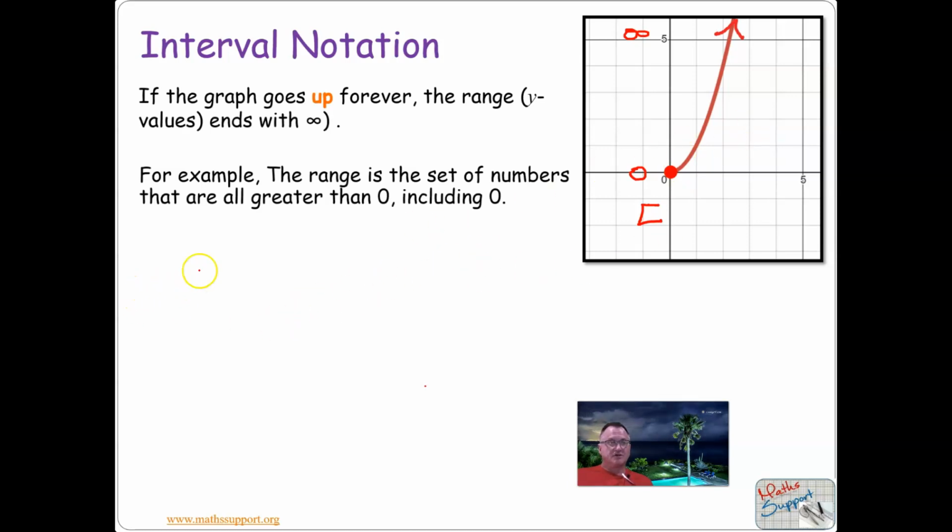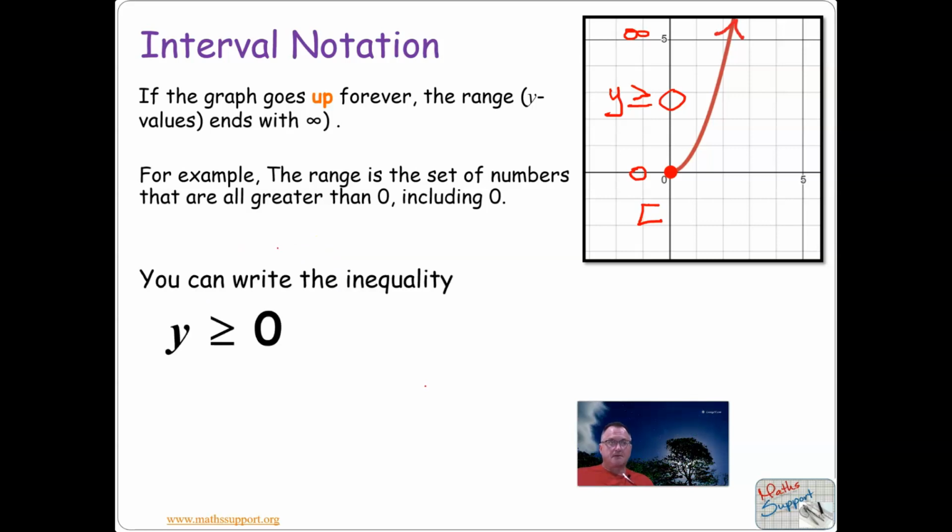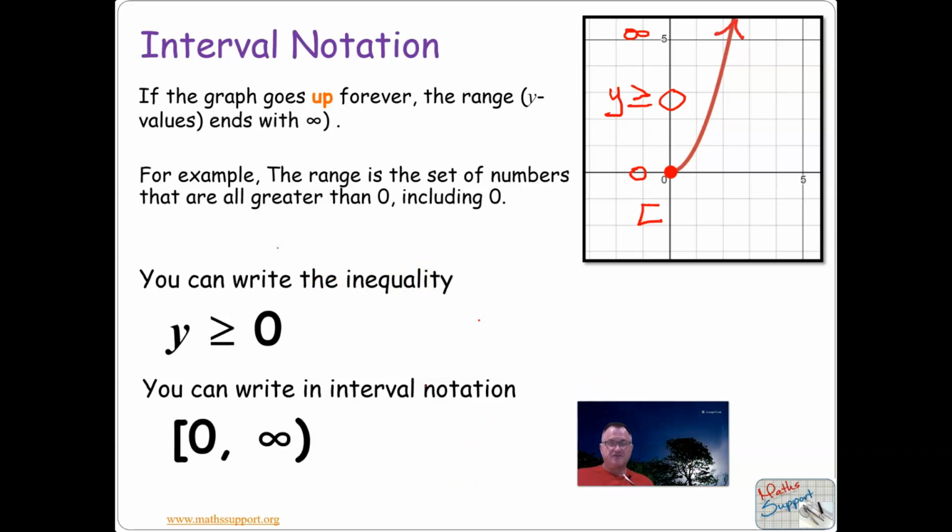Okay, so this would be the same as writing all the y values are greater than or equal to 0. Or square bracket 0, comma, infinity. Those are two different ways of saying the same thing.